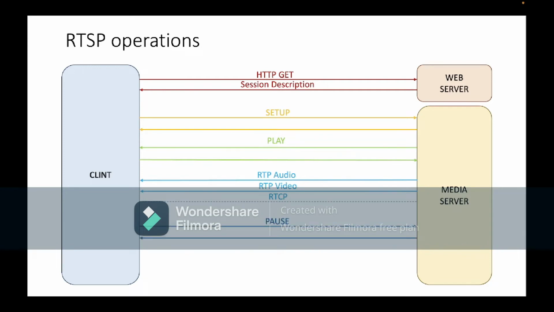After that, the server will be sending the audio and video data using the RTP protocol, and it is also the same for pause. At the end, a close request will be sent from the client and also from the server.